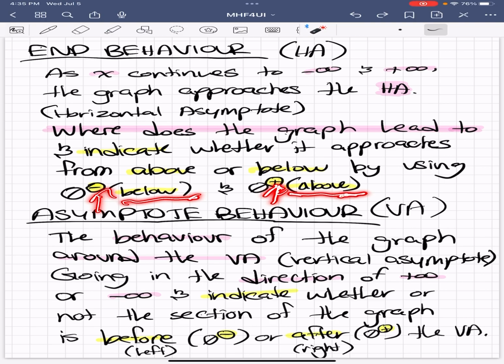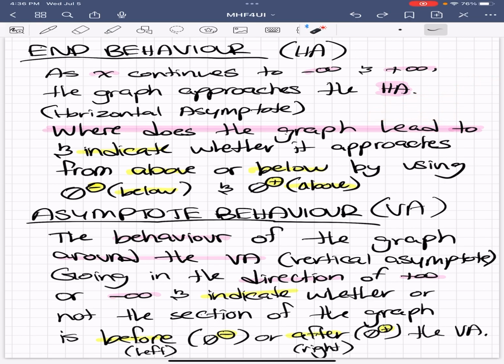So it has to do with the horizontal asymptote. In some cases it is 0, but that's just for an example. I'll show you with the rational functions what it means, where it leads to, and how it approaches.